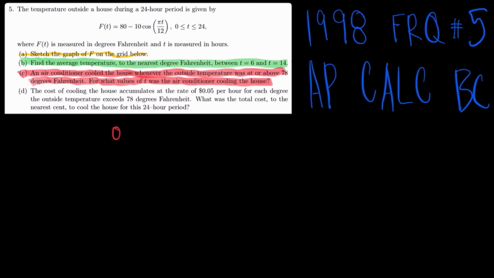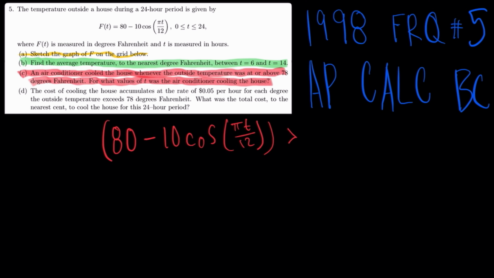So we can write 80 minus 10 cosine of pi t over 12, I'll put that in parentheses, is greater than or equal to 78 for 78 degrees. Now I can subtract 78 from both sides and I'll get 2 minus 10 cosine of pi t over 12 is greater than or equal to 0.